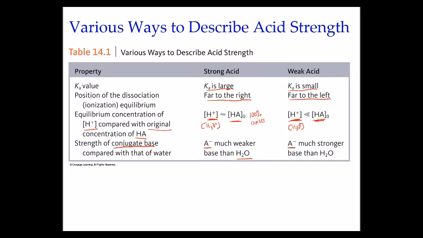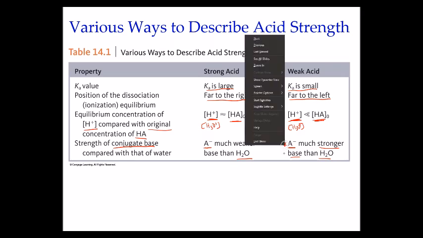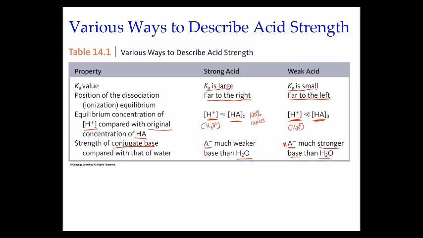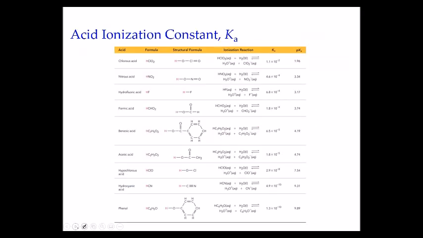The conjugate base of the weak acid is a much stronger base than water, so it does actually react with water. You'll see some instances of this later on where it reacts with water. We call them basic anions because they pull off an H and then produce some hydroxide in that particular situation, but we'll cover that later.